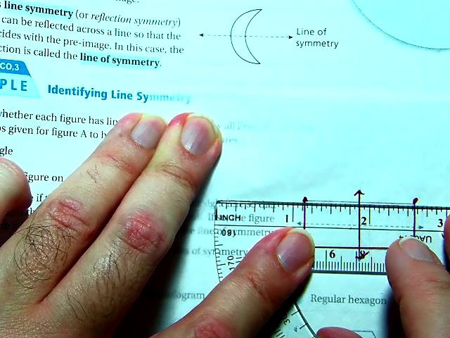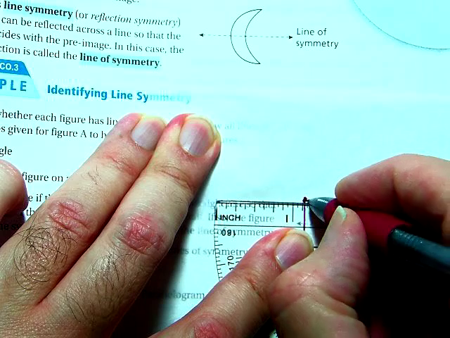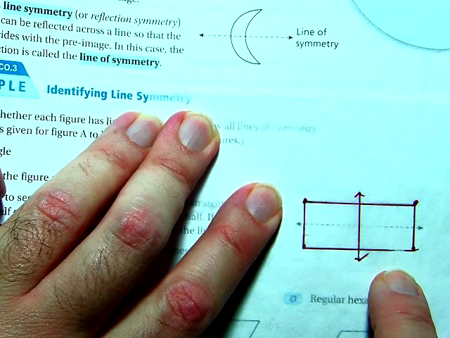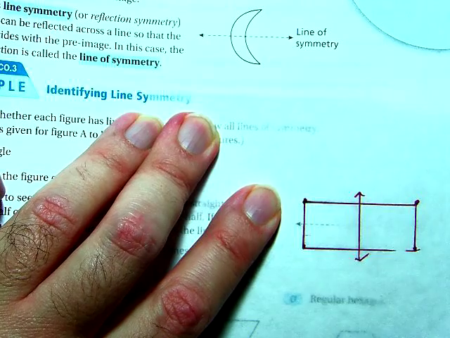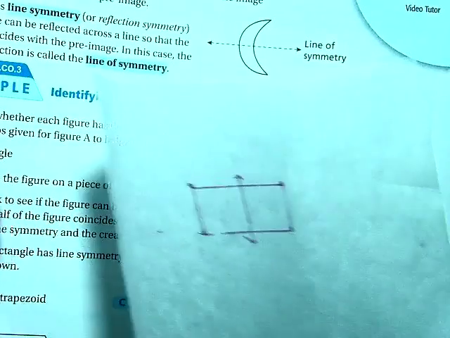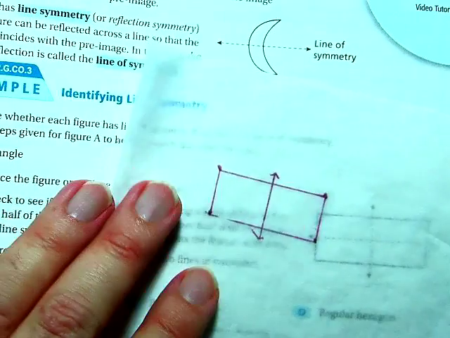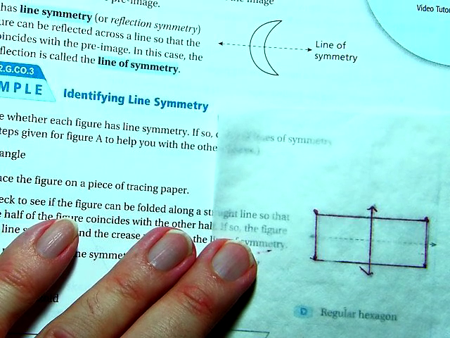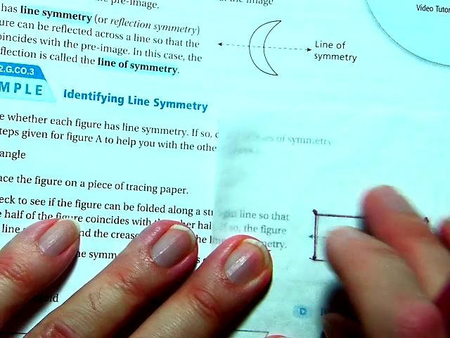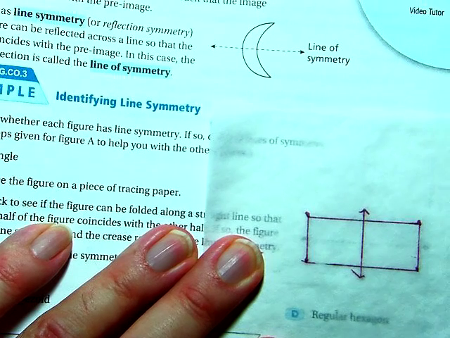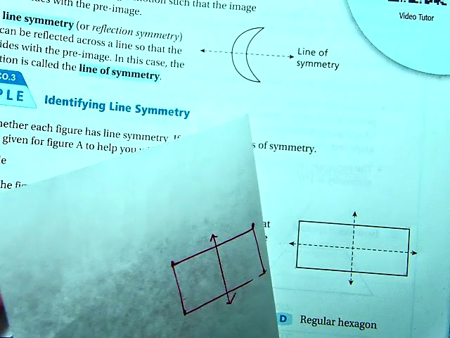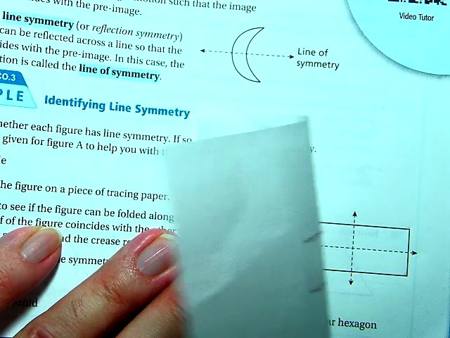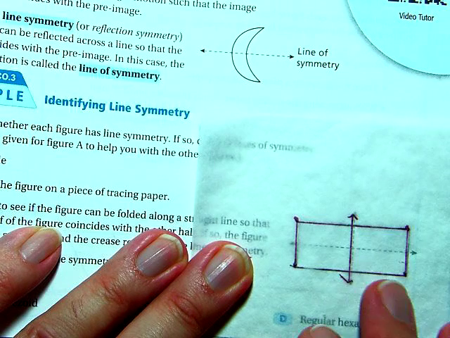When we're done, we're going to turn the patty paper upside down and determine the reflection of the rectangle across the vertical line. I'm going to line up the line with the vertical line, so it's perfectly lined up, and look what we find. Once again, the image is exactly the same as the pre-image. We've mapped our pre-image back into the image by reflecting over the vertical line.